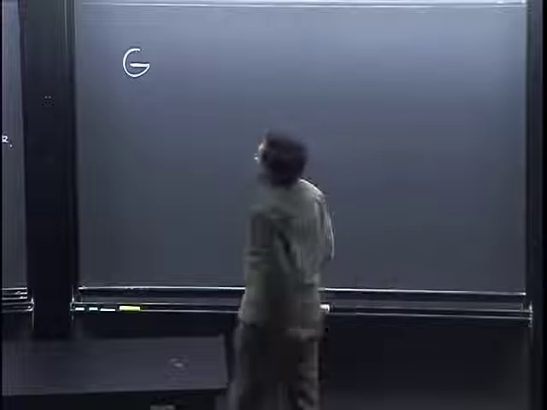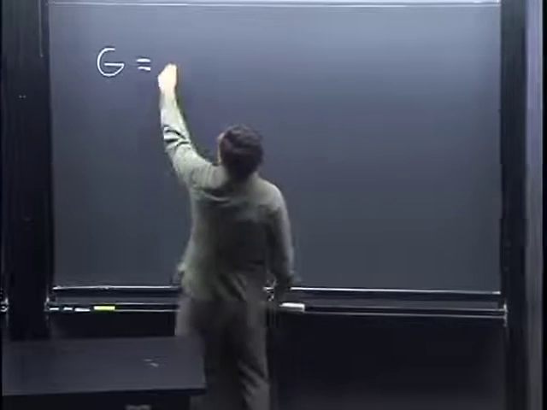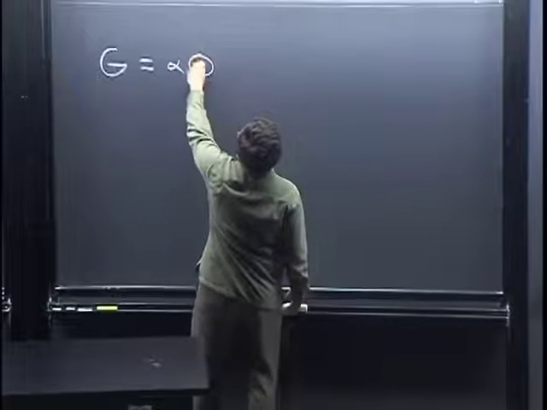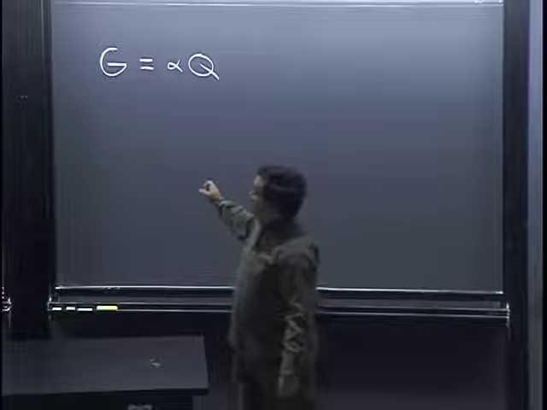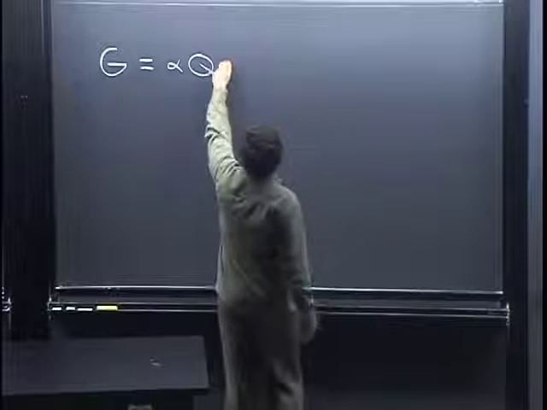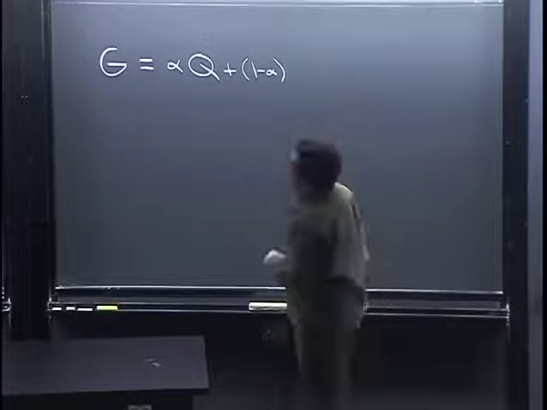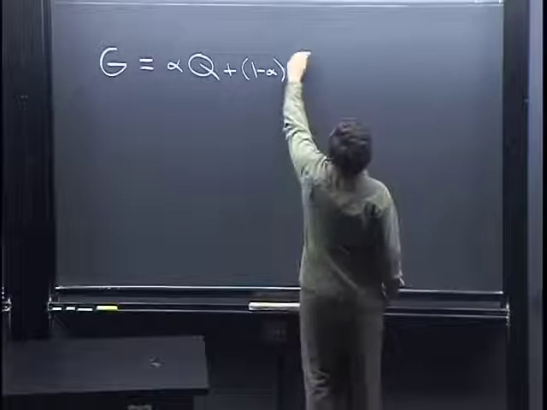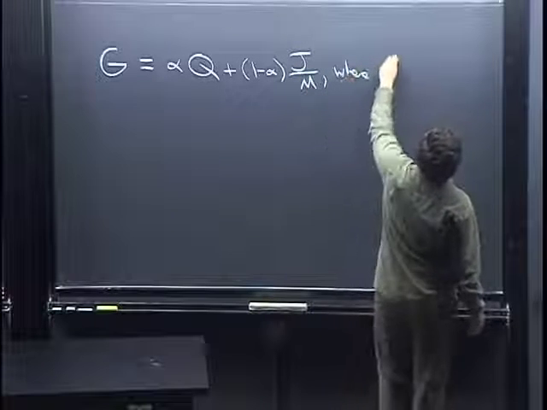The Google chain is alpha times the one that we just did. It's mixing together two Markov chains: alpha times Q, where Q is the matrix we just defined based on the web, plus 1 minus alpha times J over m, where m is the number of pages.